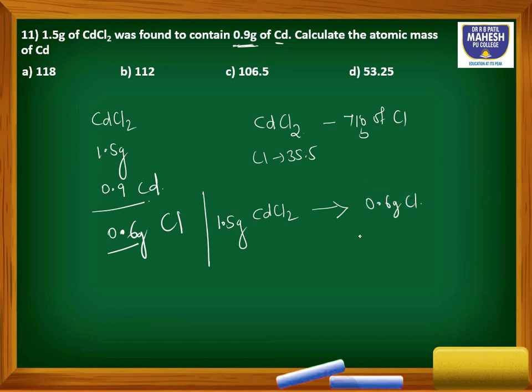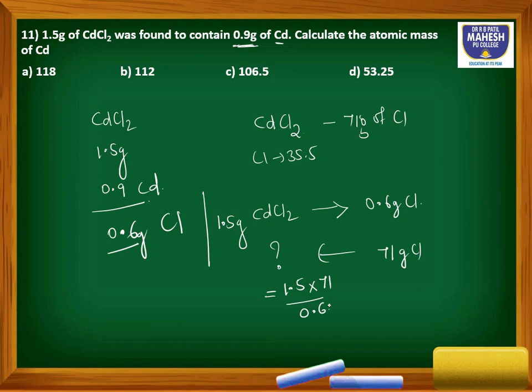Correct? Then 71 gram of chlorine is possessed by how much mass of cadmium chloride? So it is going to be its molar mass only. So we are using that concept. So here we have 1.5 into 71 divided by 0.6.